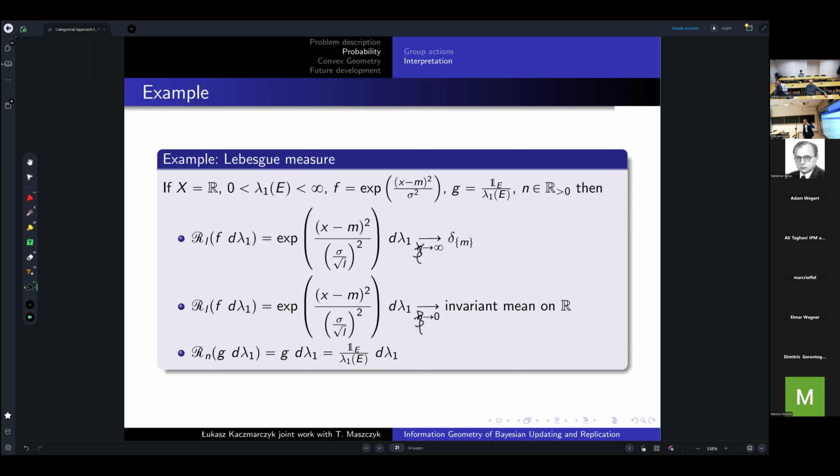Yes, in fact, if you take the limit in the appropriate topology, you would get an invariant mean on R.